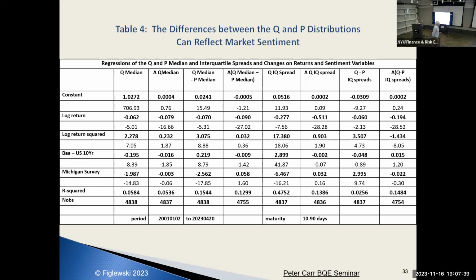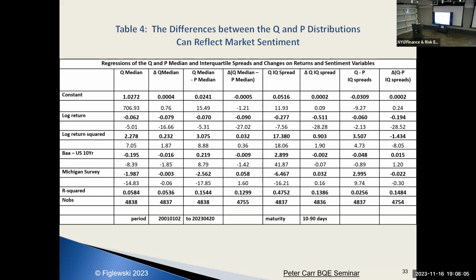No, even for those. Well, this one, I don't expect to have any significance. This is the monthly Michigan survey. How does that affect the daily change in the Q median? The timing on those variables doesn't seem to work properly.